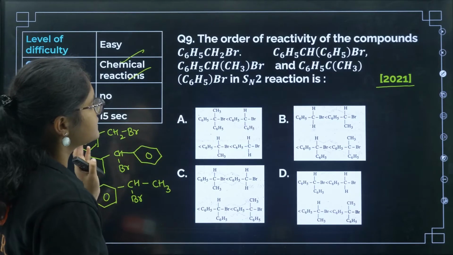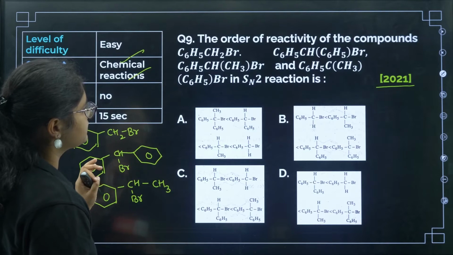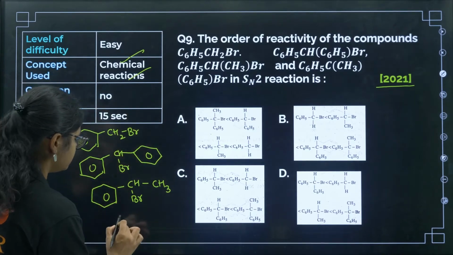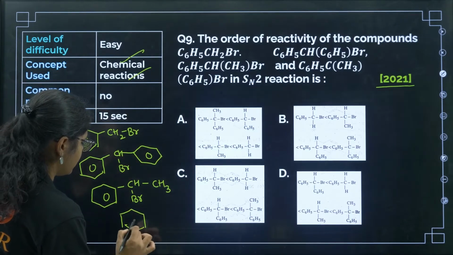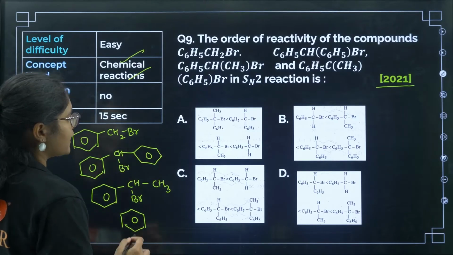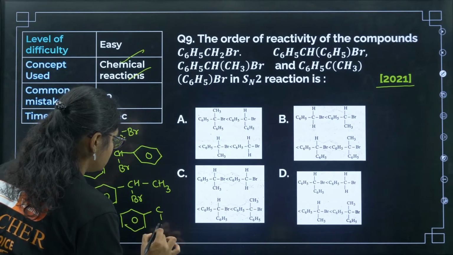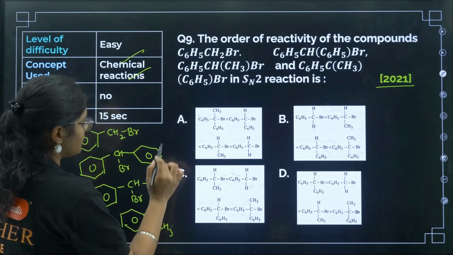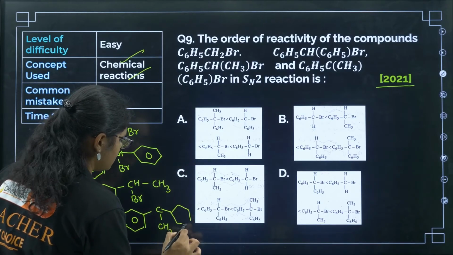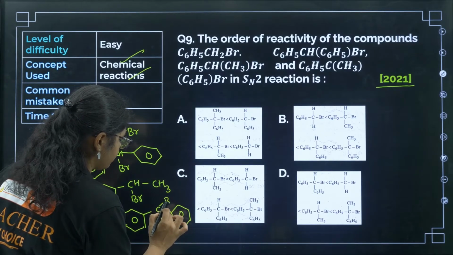Next we have C6H5, C, CH3. So the next compound is like this, C6H5, then CCH3, then we have C6H5 and we have Br.